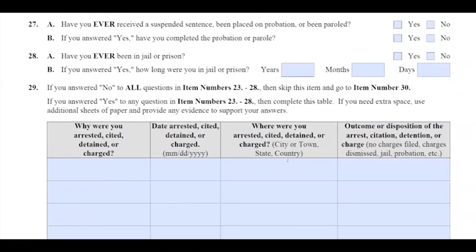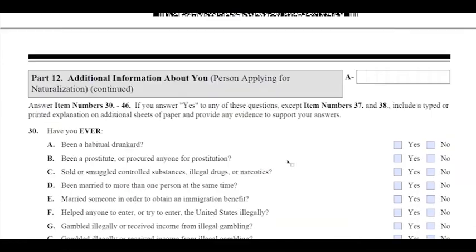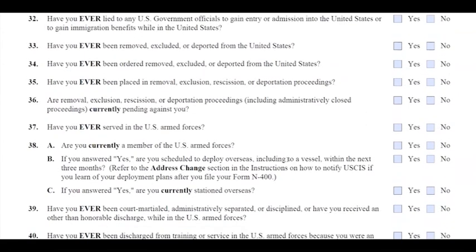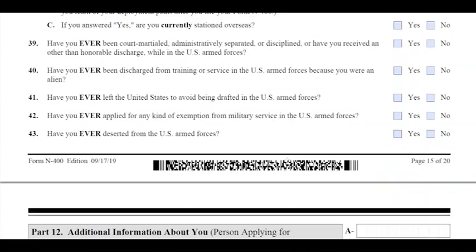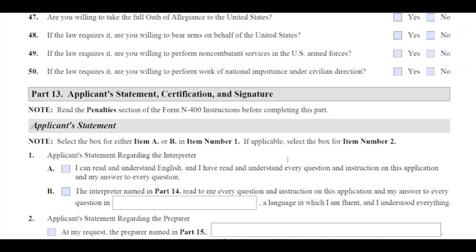Because remember, immigration has many ways of finding out anything and everything about you. So just be truthful with the responses. There's nothing wrong with being truthful. To the contrary, they will like that about you. And just be truthful about everything.